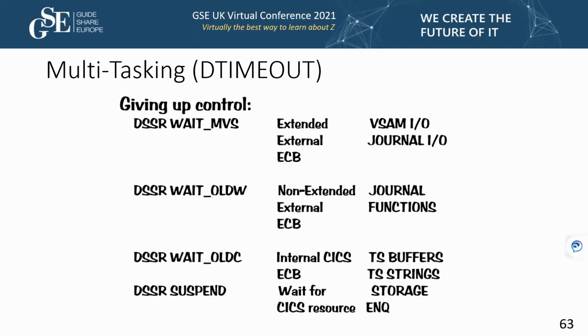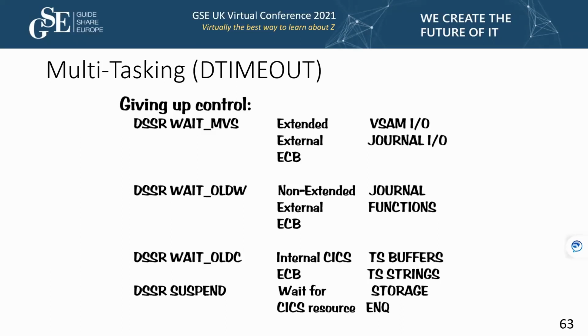There's also the ability to set things like DTIMOUT. I always code a deadlock timeout because what it really is is a suspend timeout. If a task is suspended for more than 30 seconds, I think that's ridiculous unless you actually expect it to be suspended for more than 30 seconds.